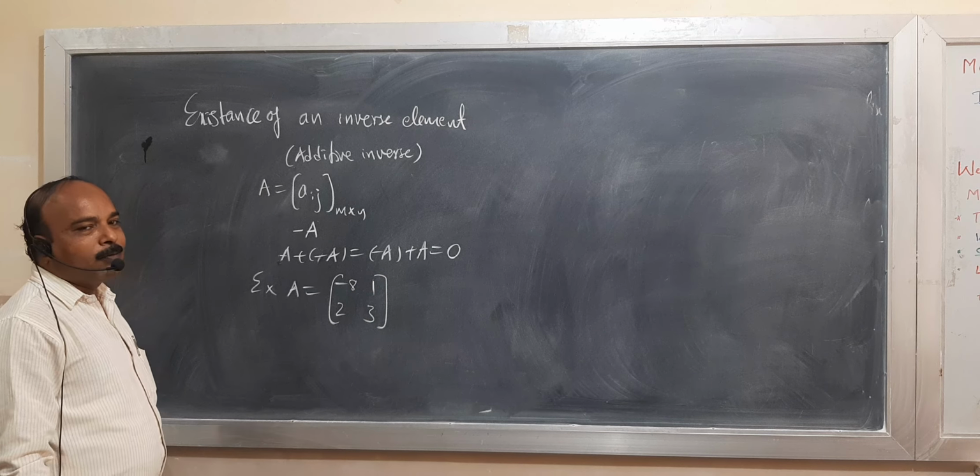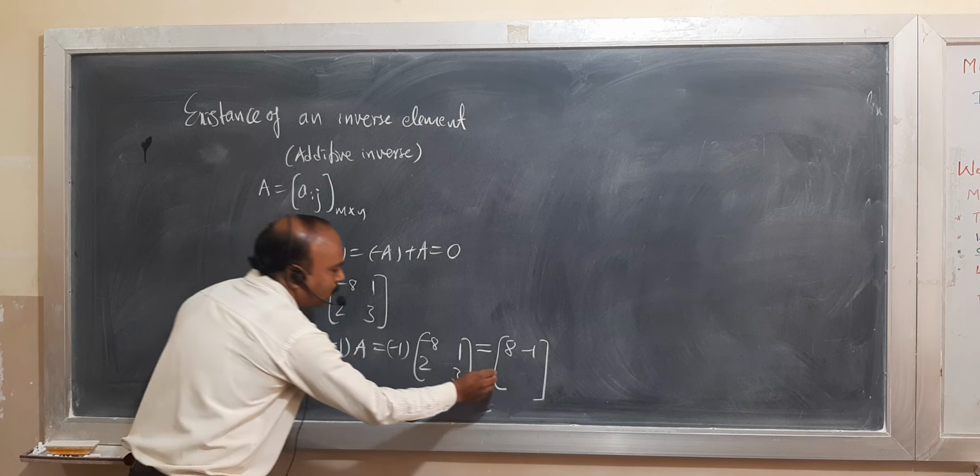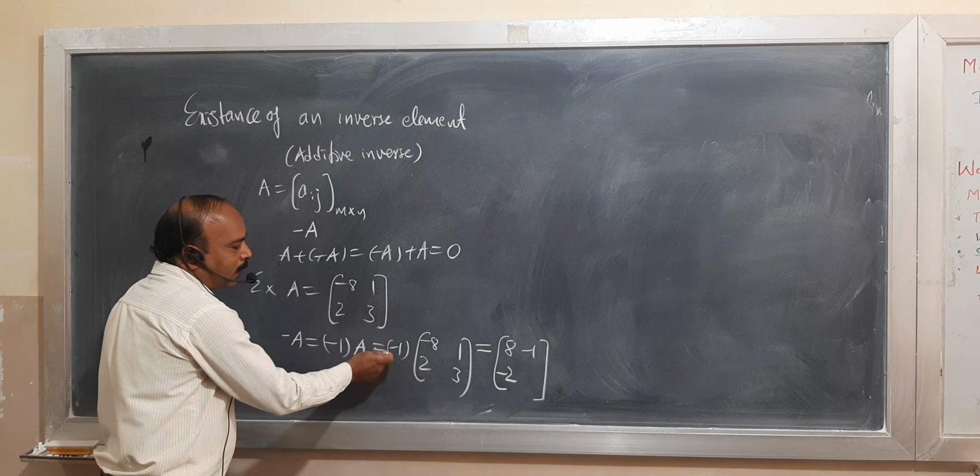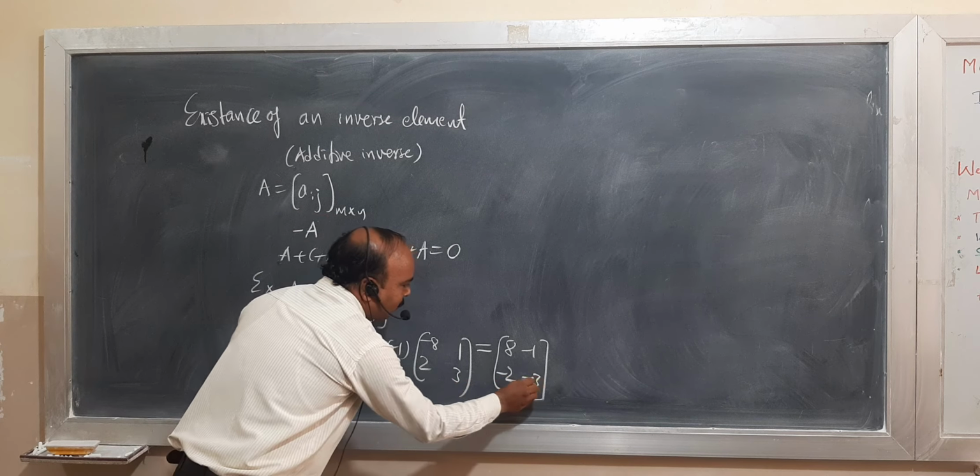Now you multiply all the elements of the matrix by scalar minus 1, then we get minus into minus 8 is 8, minus into 1 is minus 1, minus 1 into 2 is minus 2, minus into 3 is minus 3. Now we say that this is the inverse of the given matrix, that is 8, minus 1, minus 2, minus 3 is the inverse of minus 8, 1, 2, 3.